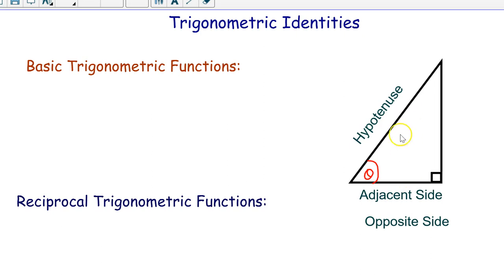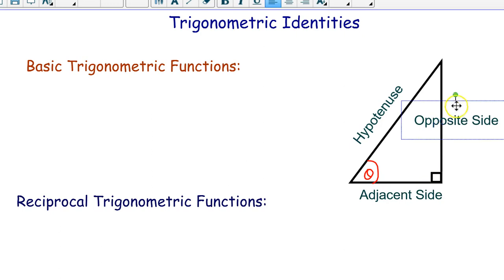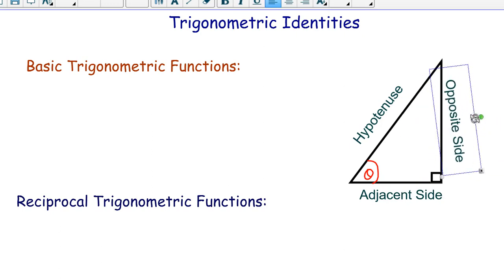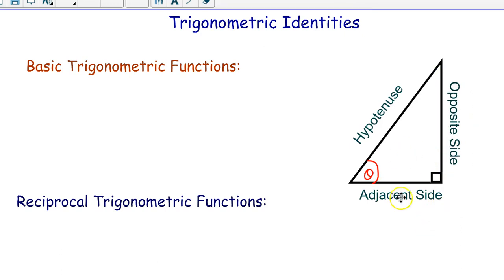So this is the adjacent. Now you have a hypotenuse and an adjacent side, hence the remaining side is your opposite side. So these are the three sides of a right triangle: the angle theta, hypotenuse, adjacent side, and the opposite side.